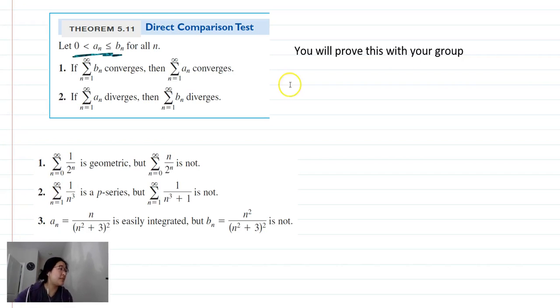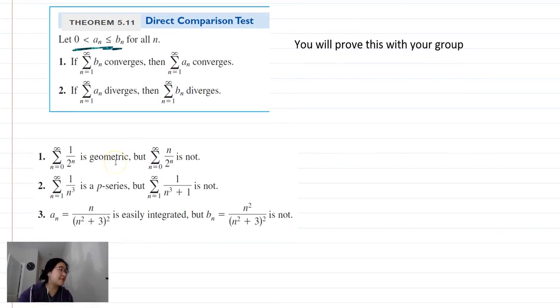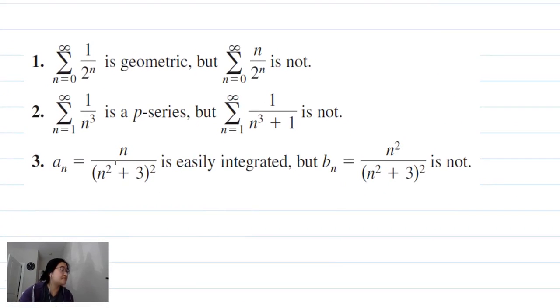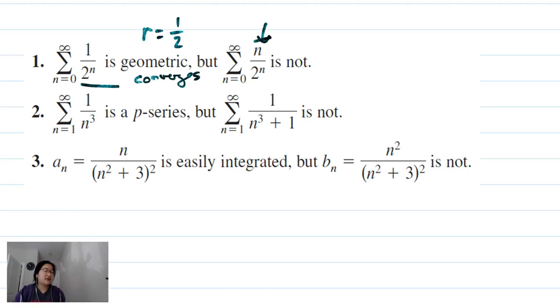Thinking about our direct comparison test, we're going to keep that in mind. Let me zoom in on this though. For this first one, we know this series is a geometric series, which means r is going to be 1 over 2, and since our r is smaller than 1, we're good to go. This is going to converge. But if we multiply by n for everything, then that is not geometric. But let's think about which one is greater.